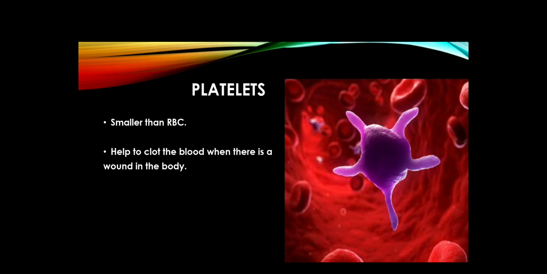You should say clot, C-L-O-T, clot. Platelets will help the blood to clot if there is a wound or injury in the body. So the points you should remember: platelets are smaller than RBC and they help the blood to clot if you get an injury in the body.